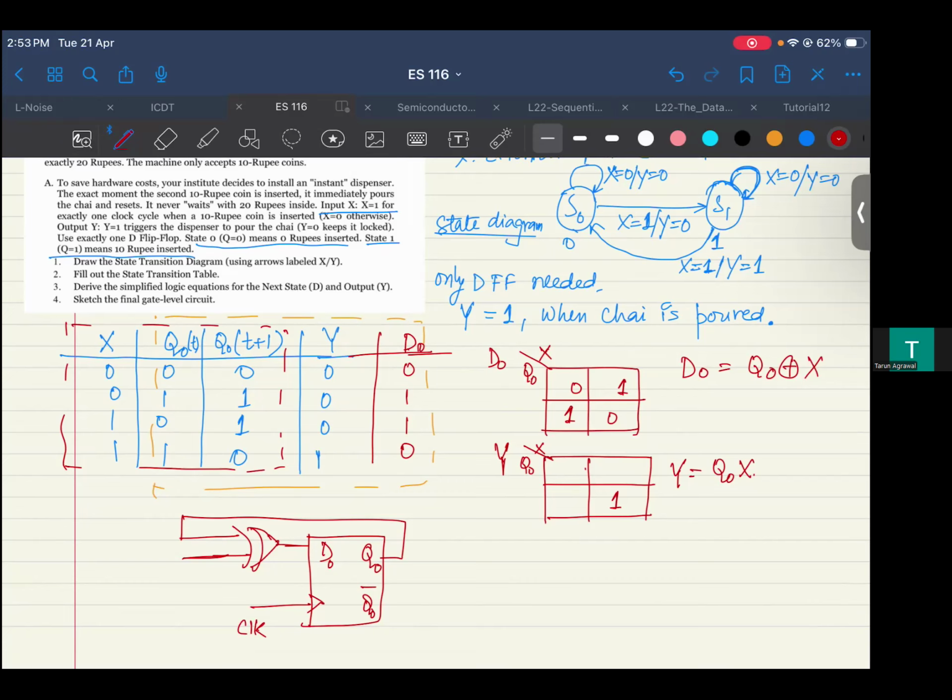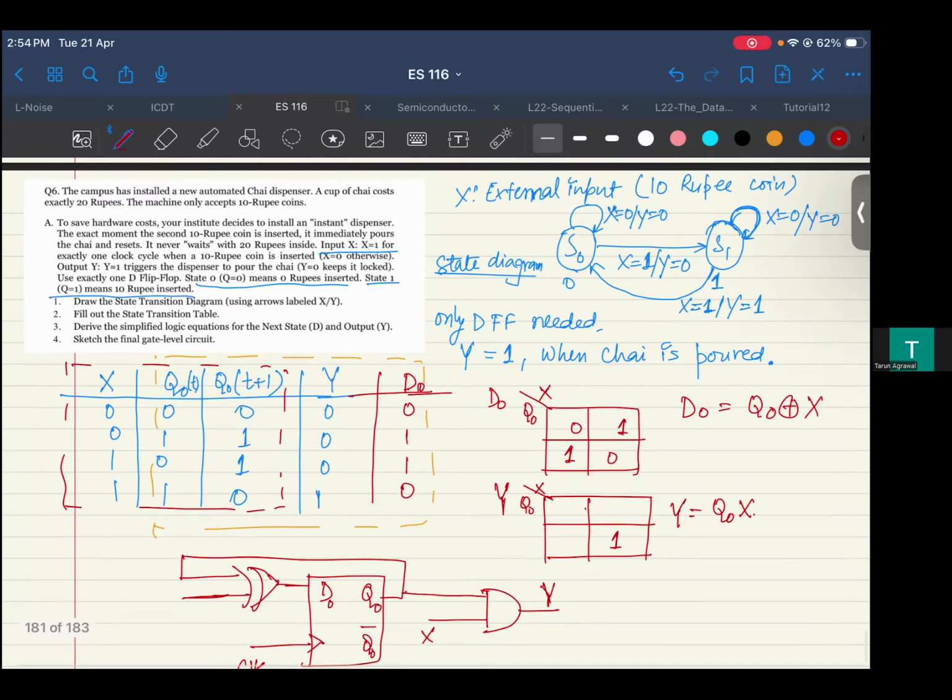Then there is a separate circuit for the actionable output, which gives you Y. So that is the gate level circuit of this particular problem.